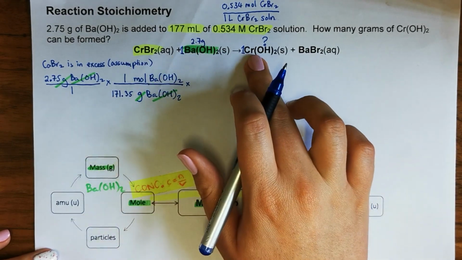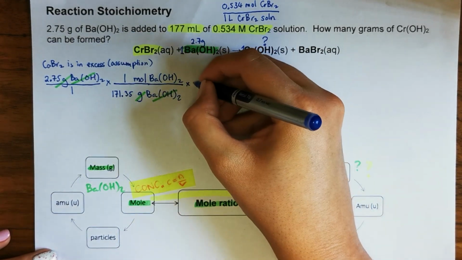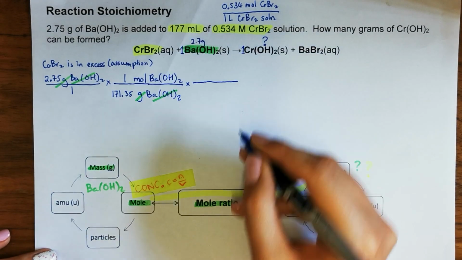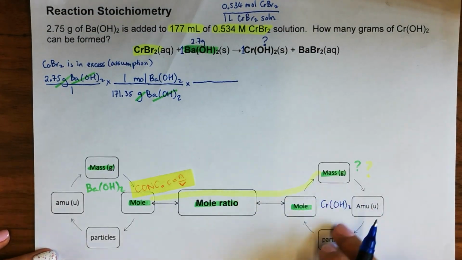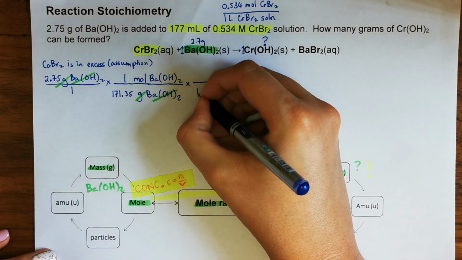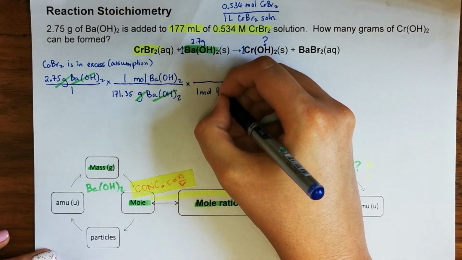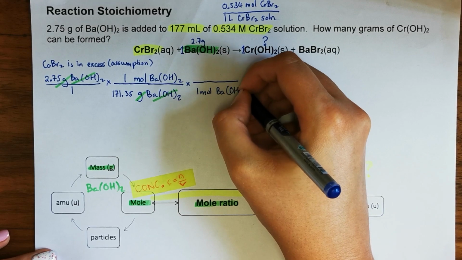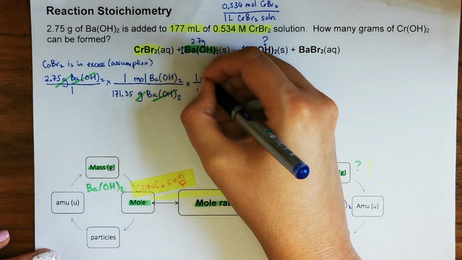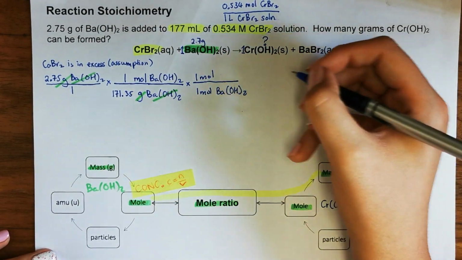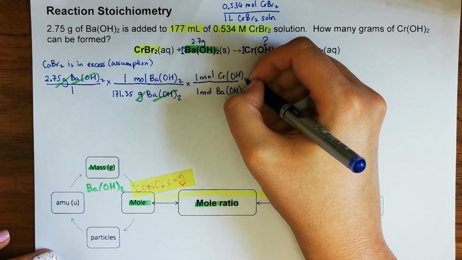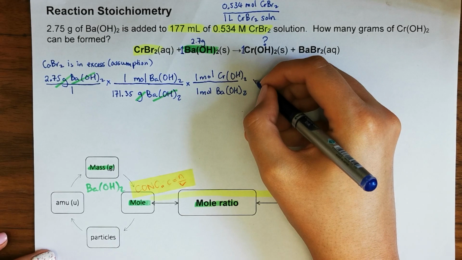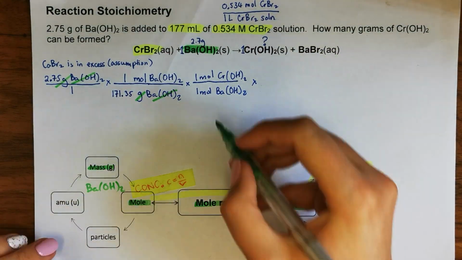It might be 3 to 4, it might be anything, but you need to show that you understand that there is a ratio which links the reactant and the product. So 1 mole of barium hydroxide reacts to form 1 mole of chromium hydroxide. Very good.